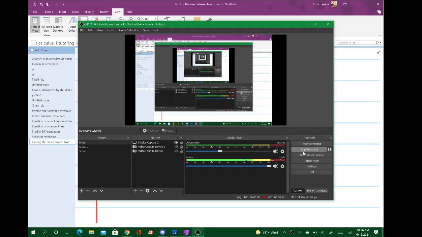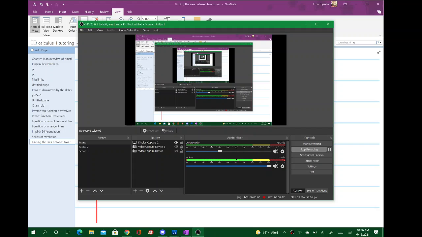This is also for Cal 1, if you do this in Cal 1. I believe they do this in Cal 1 at the very end, but this is mostly for Cal 2, since of course in Cal 2 they do this before they do volume with disk, shell, and washer method.